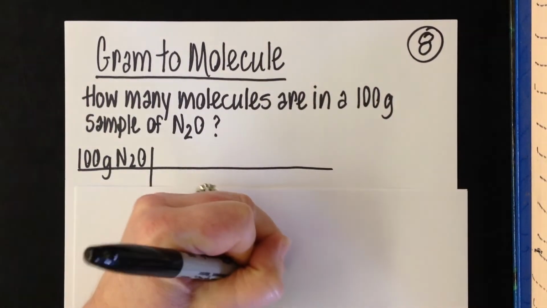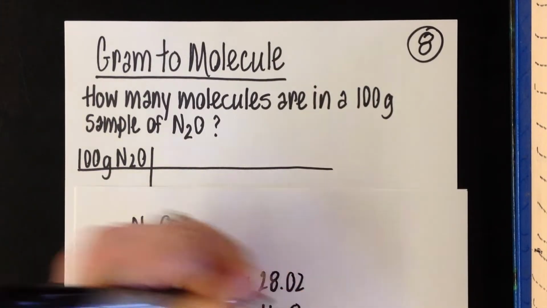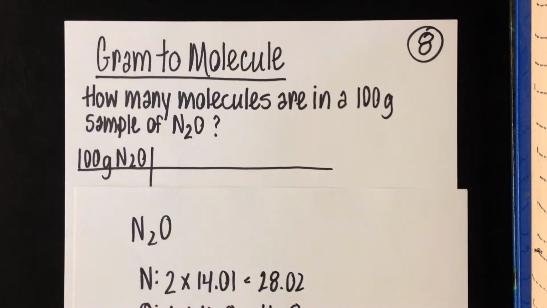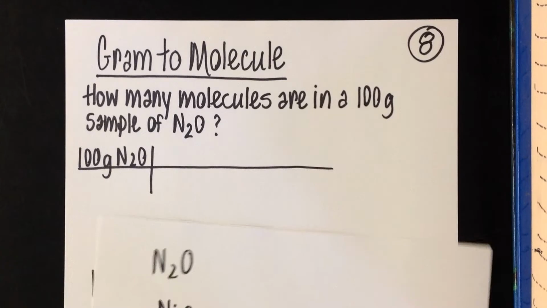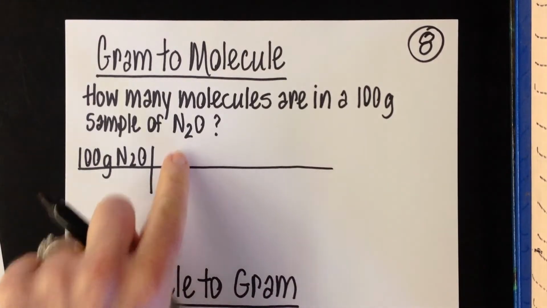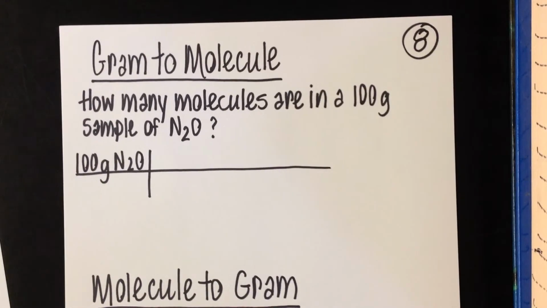So this is 28.02 and 16.0. And when you add those together, you should get about 44.02. And that's grams per mole. So what I did real quick was I just figured up the mass of this was about 44.02. And again, that is the lesson on molar mass if you need to go back and review that.